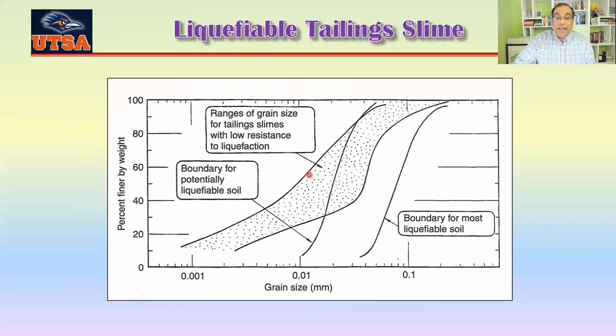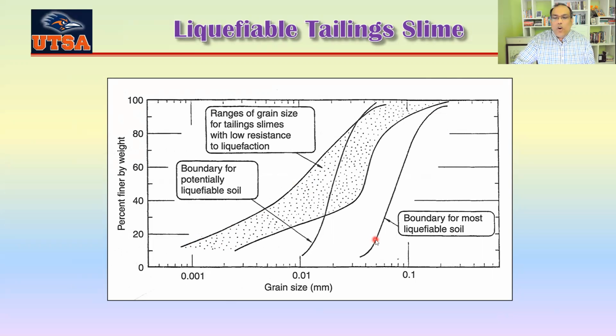Here is the other data we see, where somebody tried to do this using tailings slimes, meaning the refuse from the tailings. So you can see, even though this is the boundary for the most liquefiable soil here, the range of grain size of tailings slimes with low resistance to liquefaction goes like this here.